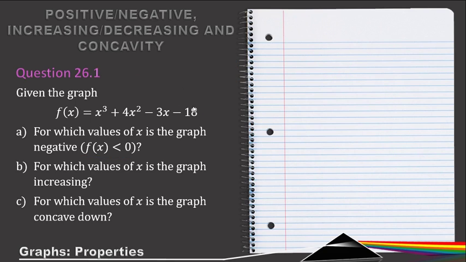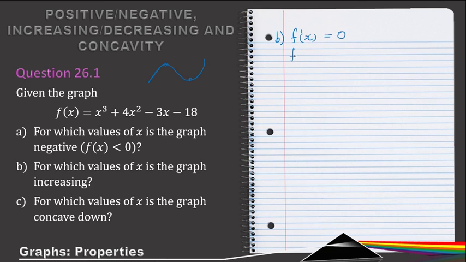Right, so let's look at B. Now for B, it says for which values of x is the graph increasing? Okay, and remember when we had our graph increasing, we do that by finding the turning points. And we find the turning points by finding the first derivative and equating it to 0.